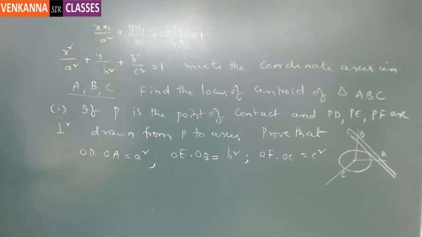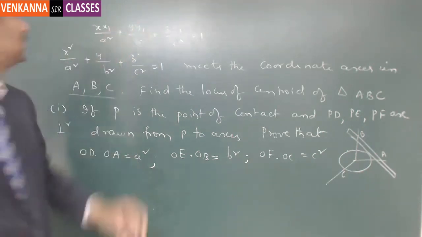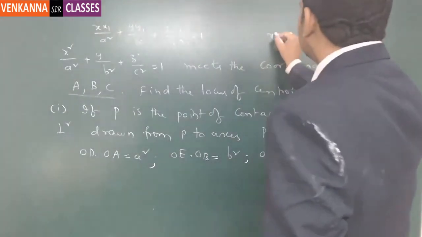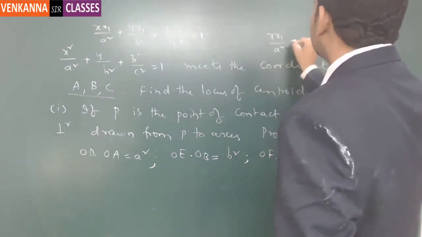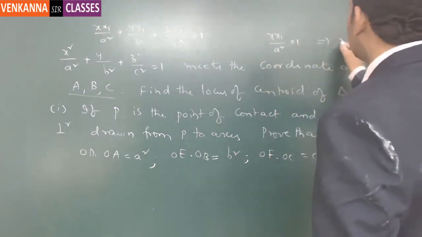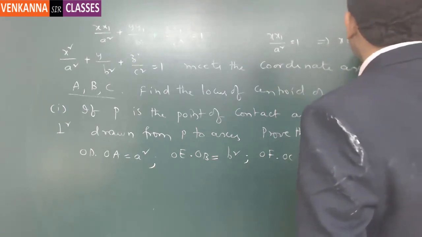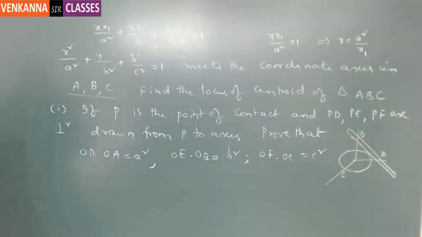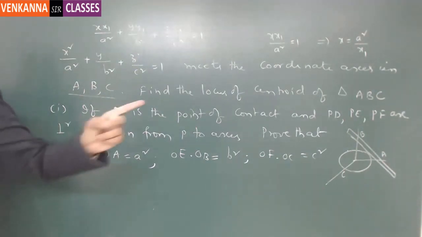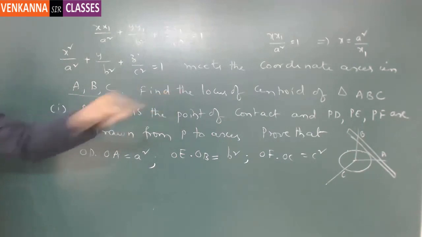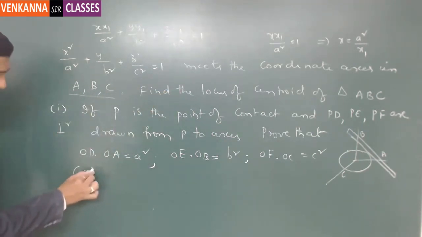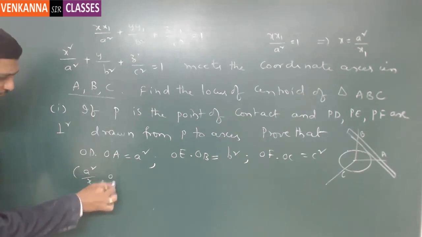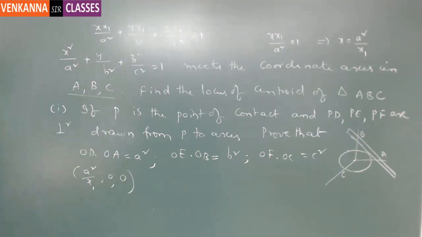Right. So if I substitute y and z as 0 here, you will get x1 x by a square is equal to 1, which gives x is equal to a square by x1. Agreed? So what could be the x-intercept here? A square by x1 comma 0 comma 0. Getting the idea how it is written?